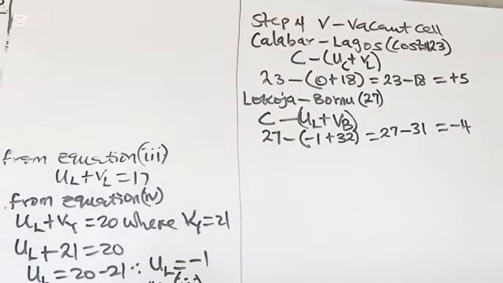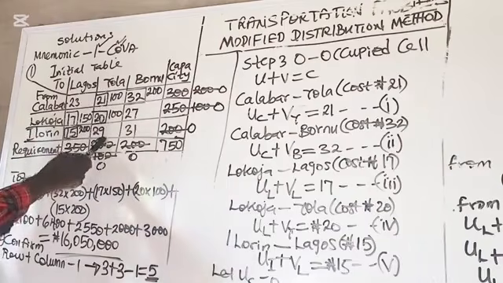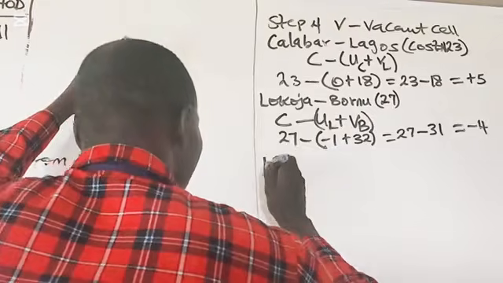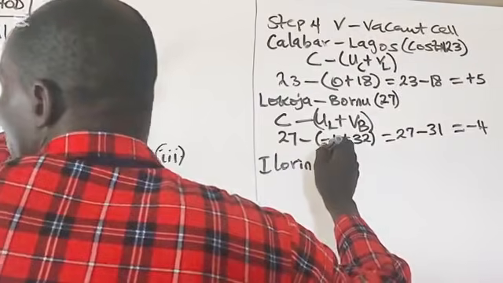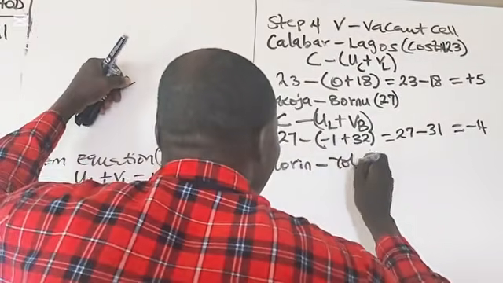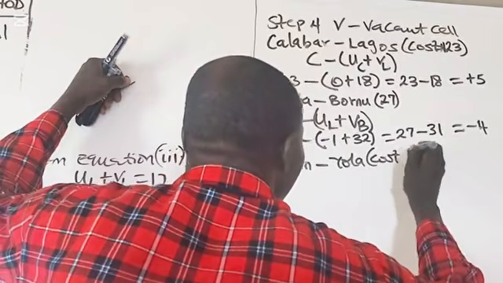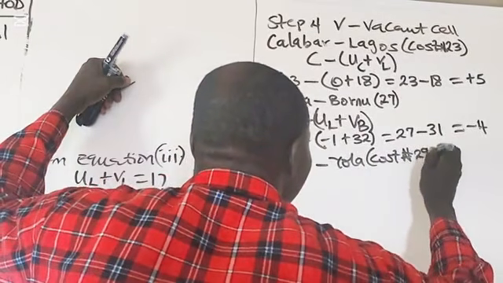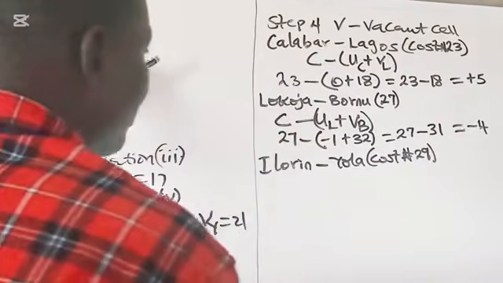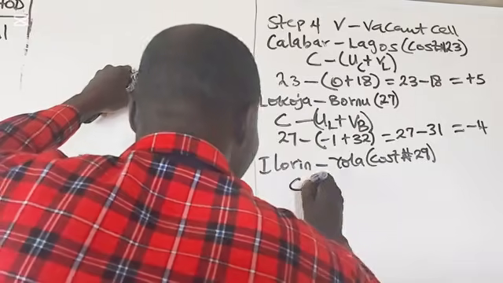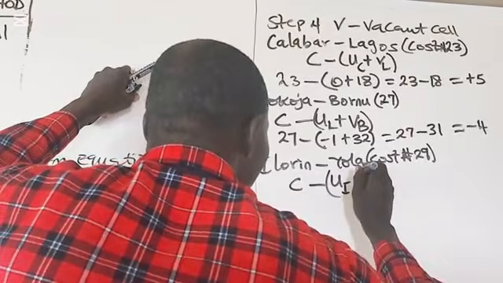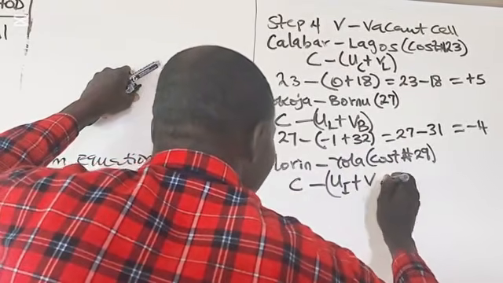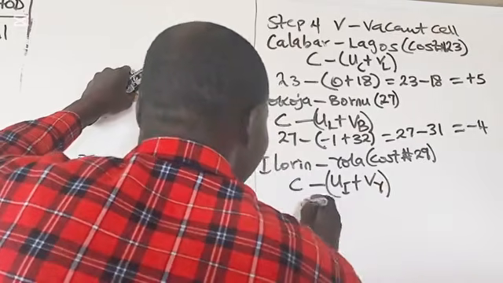Then the next vacant cell, Ilorin to Yola, 29 is the cost. That will be C minus UI, which is for Ilorin, plus VY for Yola, and the cost is 29.